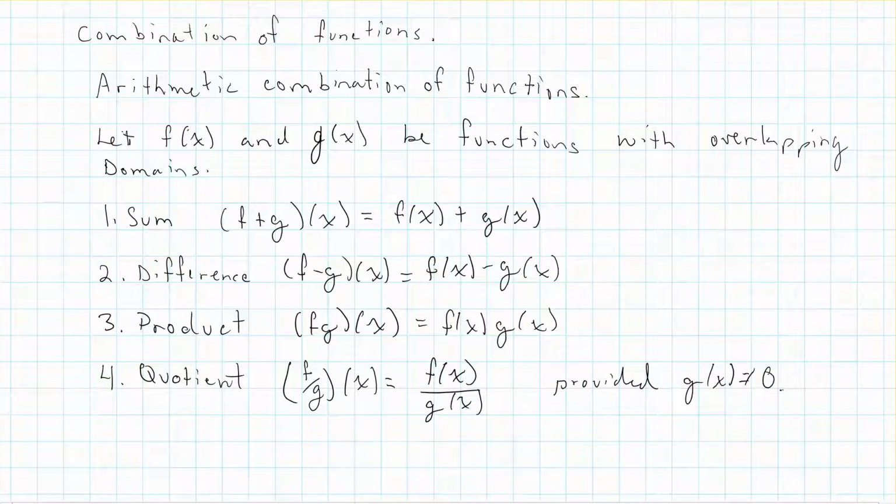And of course, if you think about it for a second, the reason I have to add that in is because I can't divide by 0. So essentially the quotient is just f divided by g, only for g not being equal to 0. What happens when g is 0? Well, it's just undefined. There's not really much going on, it just is undefined.